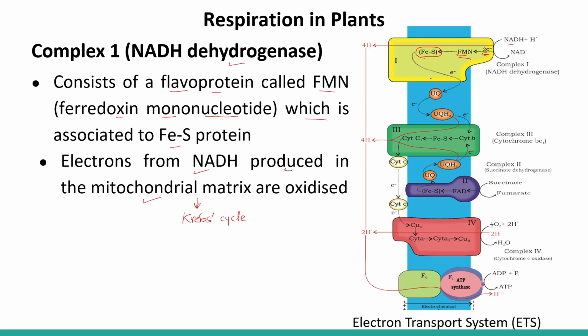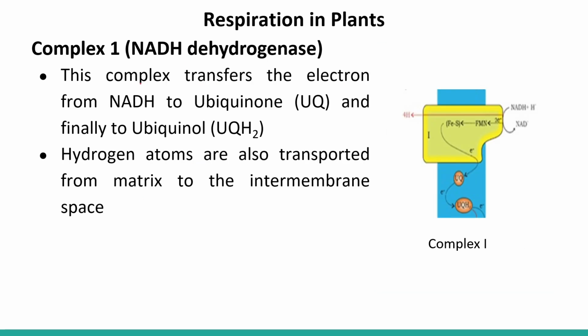And further, from NADH, electrons are transferred to ubiquinone, UQ, and from ubiquinone the electrons are transferred finally to ubiquinol. What is ubiquinol? It is just a reduced ubiquinone, or you can say the reduction product of ubiquinone.